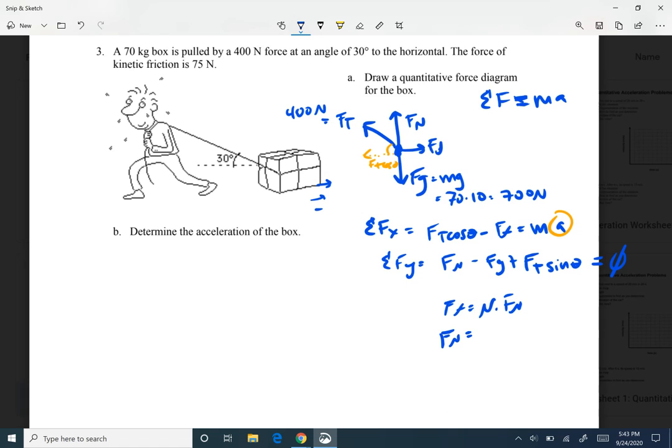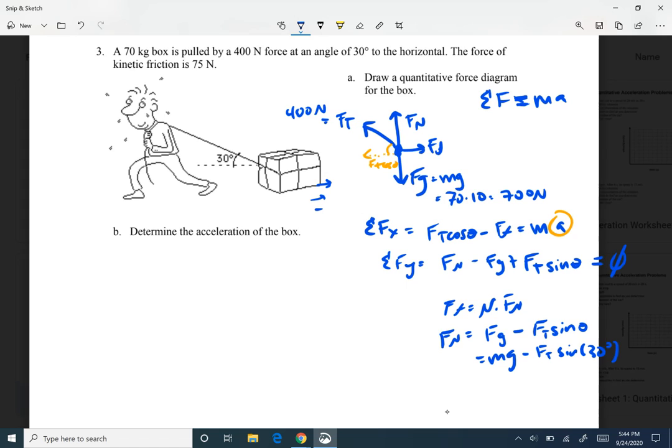We can say force normal is equal to, moving these guys to the other side, force gravity minus Ft sine theta. Fg, we know, is mg. Force tension, we know the value was 400. And we know that our angle is 30 degrees.